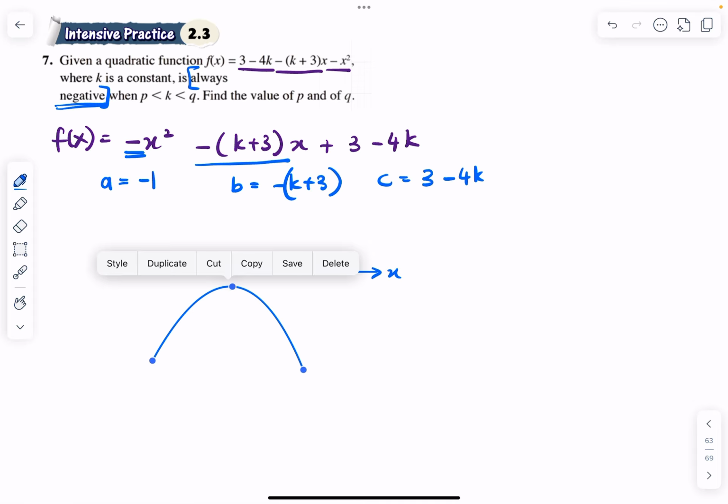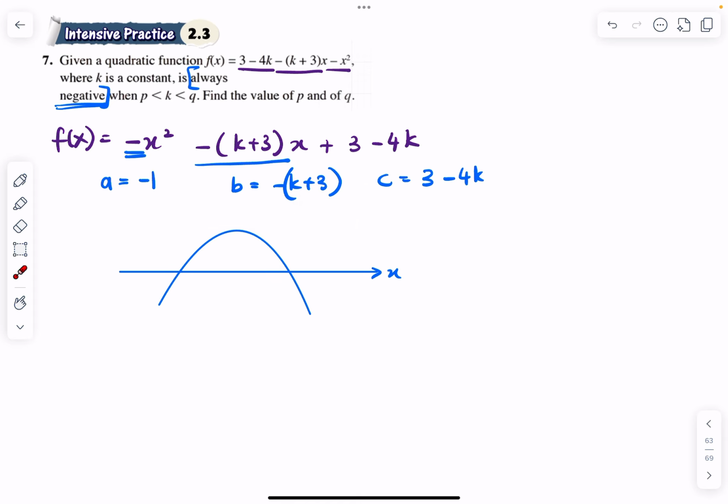Because if the graph is above the x-axis, there will be this part where the graph is positive, and these parts the graph will be negative. If it's right on the x-axis, there will be one point where the graph is neither positive nor negative. So if the graph is always negative, it has to be fully under the x-axis.